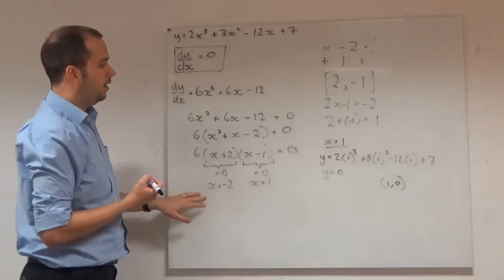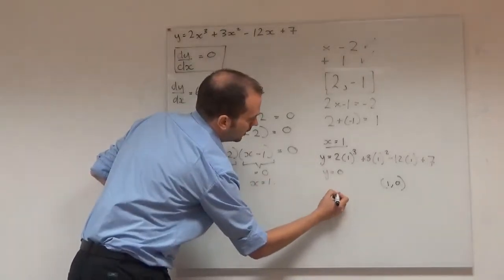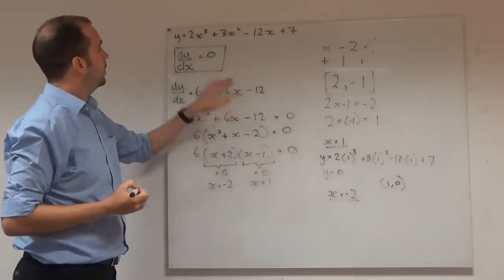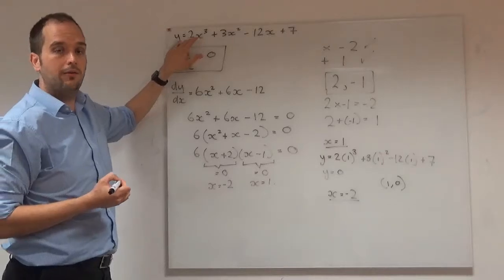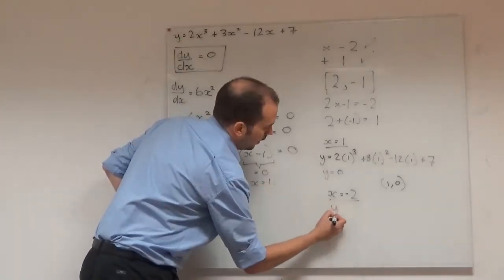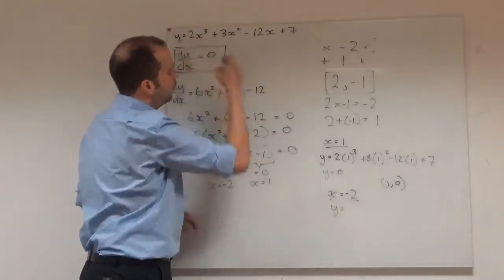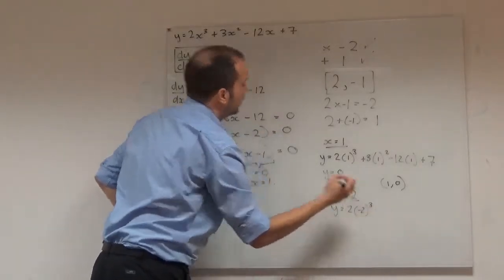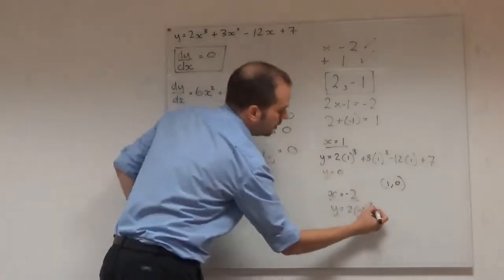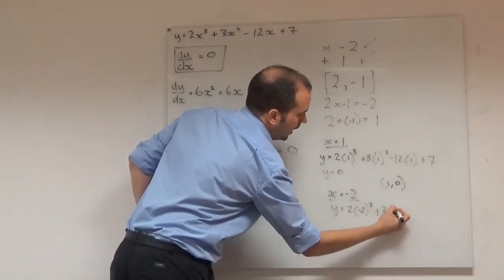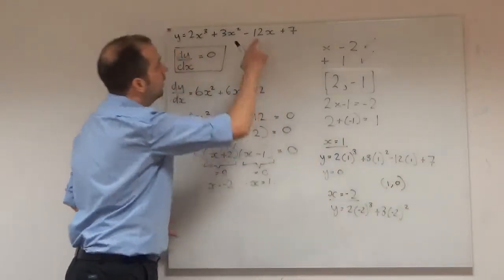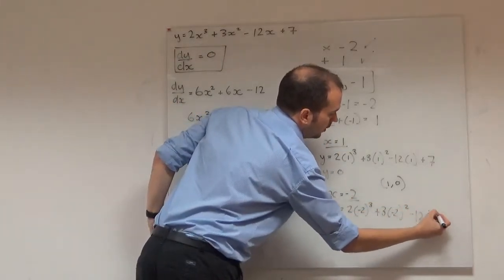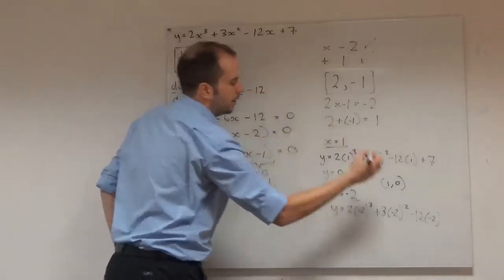If I look at the other value of x to get my second stationary point when x is equal to minus 2, again I'm going to sub minus 2 back into the original function. I'll get y is equal to 2 lots of minus 2 cubed plus 3 lots of minus 2 squared minus 12 lots of minus 2 and plus 7 at the end.